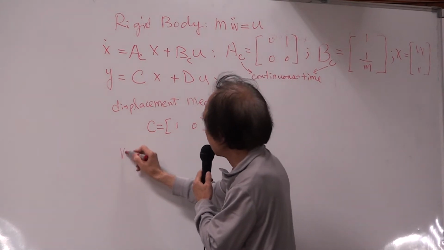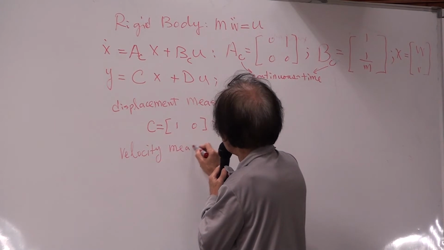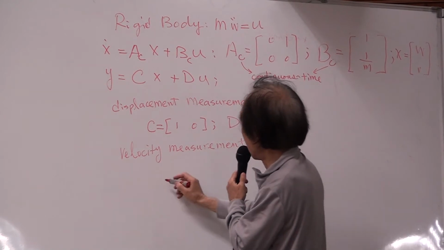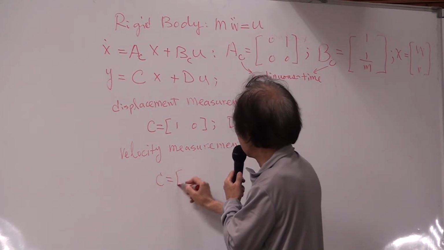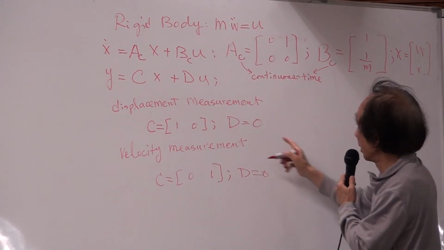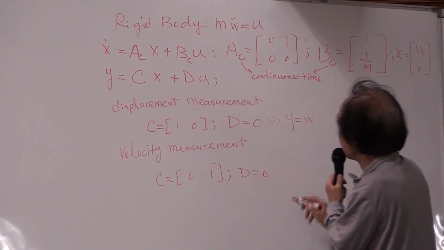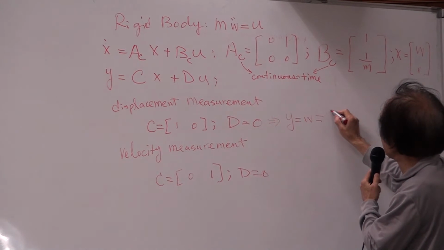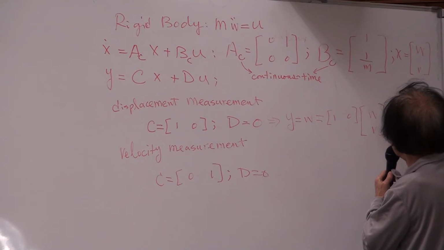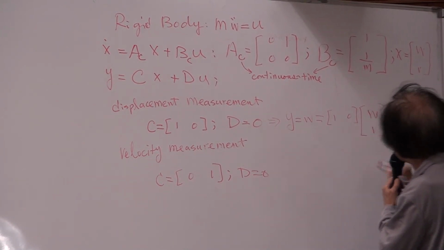For velocity measurement, C equal to 0, 1, D equal to 0, right? Because Y equal to W, so that equal to 1, 0, W V plus 0 U, right?